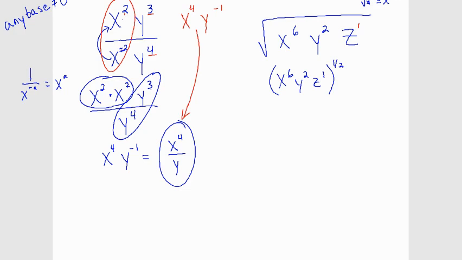I can distribute this 1/2 to each of these exponents. And so we get x to the 6 divided by 2, and then we get y to the 2 divided by 2, and then z to the 1 divided by 2. Now we simplify. 6 divided by 2 is 3. 2 divided by 2 is 1. I won't write the 1. And then z to the 1/2, I can't simplify.